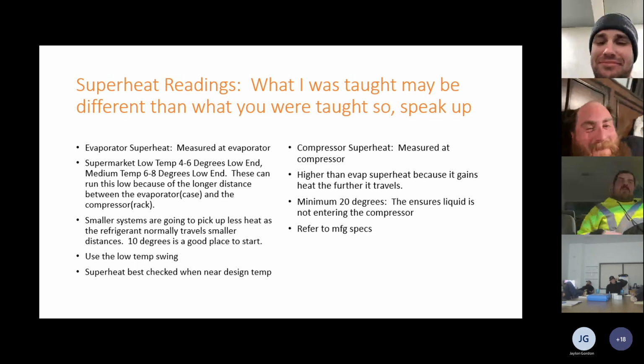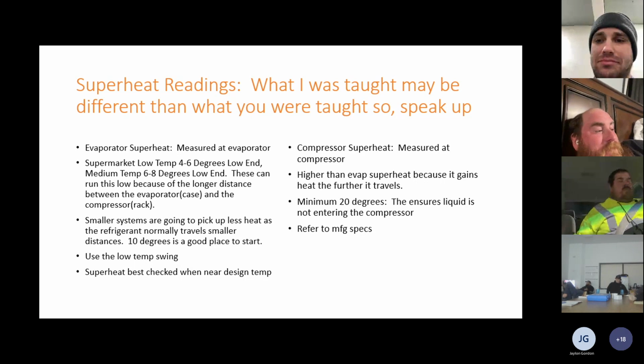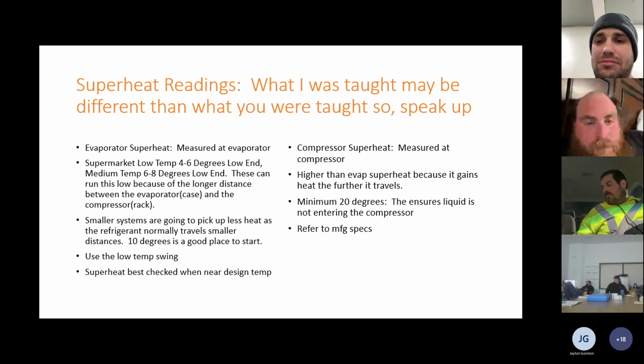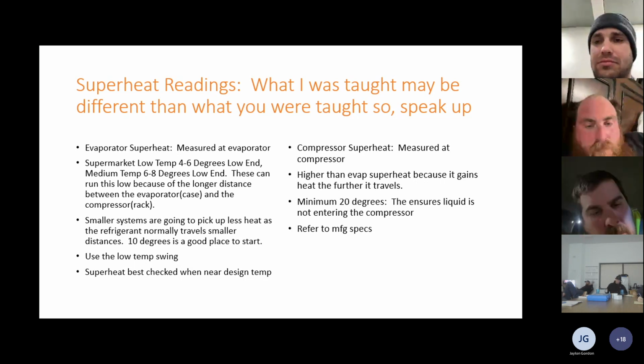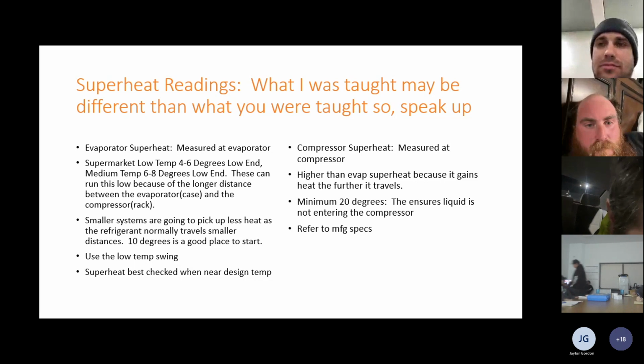Yeah, and you just have to keep in mind what the rest of the system is doing. You can't solely focus on superheat because not every supermarket's EPRs are set correctly, right? So if you're down at the case checking superheat and you've got a high superheat all of a sudden, like Rory said, how he was lowering the set point. Or you're on a walk-in cooler at Applebee's checking superheat and all of a sudden it's super high.